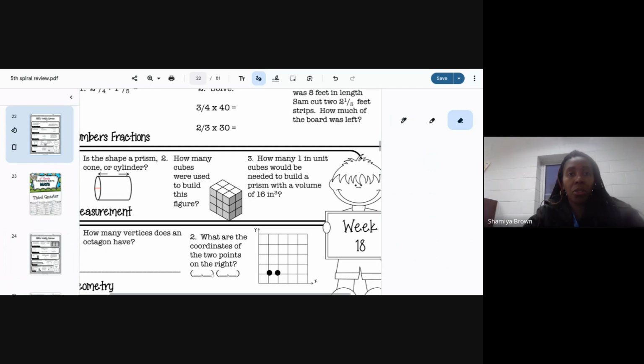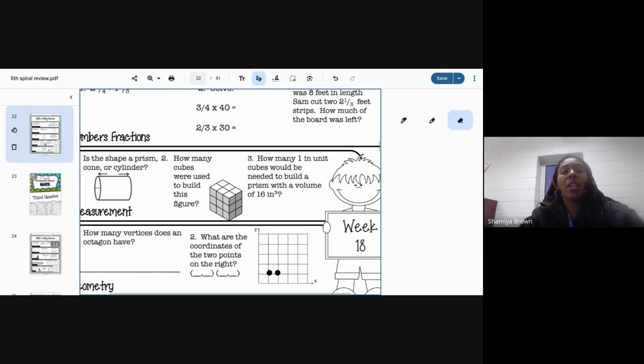Just want to make sure. So an octagon, yeah, it has 1, 2, 3, 4, 5, 6, 7, 8 vertices because each side has to connect. So that would be 8 vertices here.